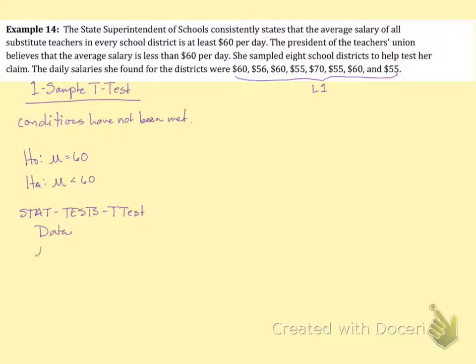Our mu sub 0 is 60. The list is what we put in for L1. We don't have a frequency list, so that should either be blank or it should say a 1. And then we want to know if the mu is less than the null hypothesis.